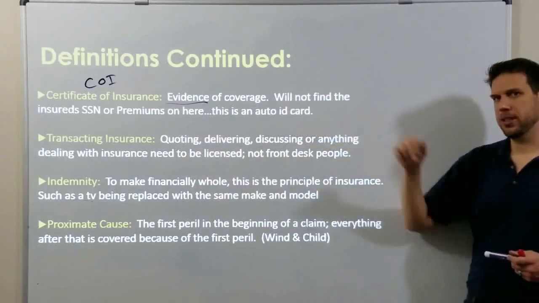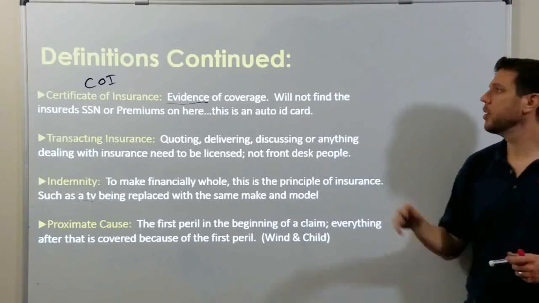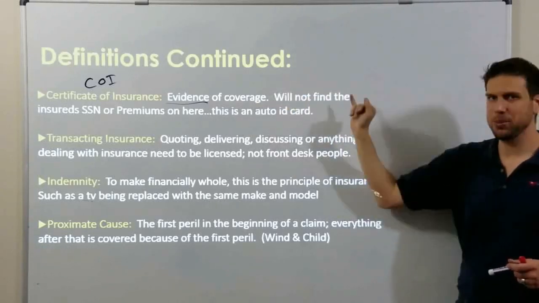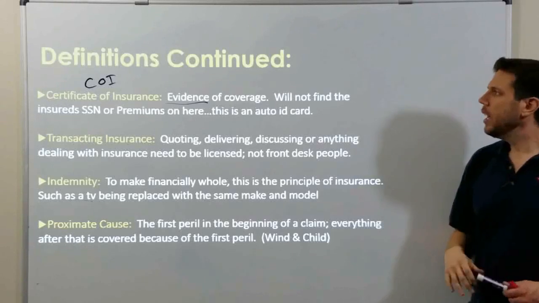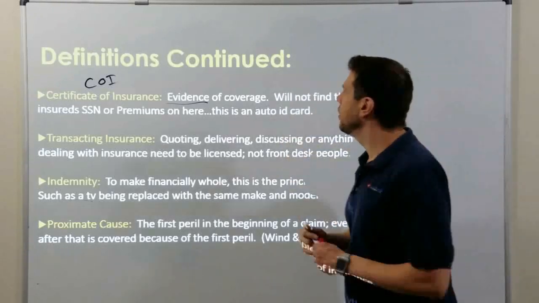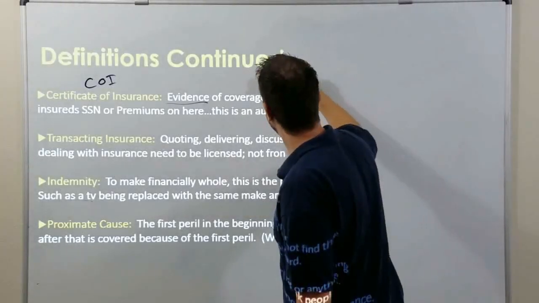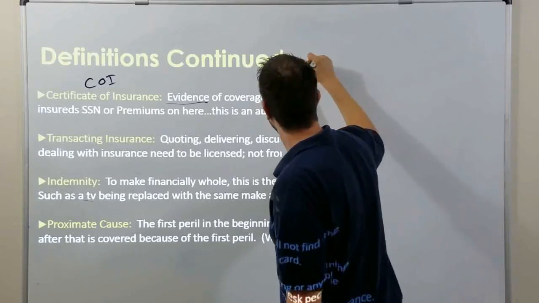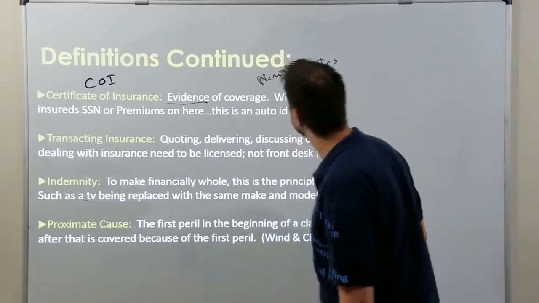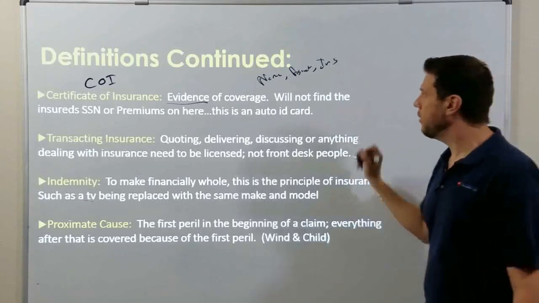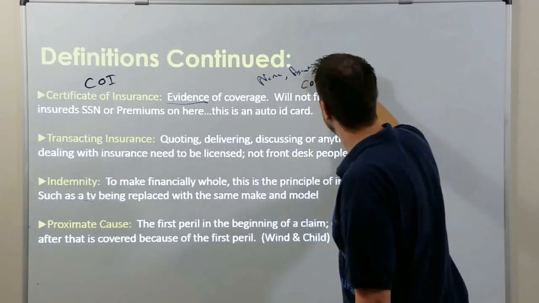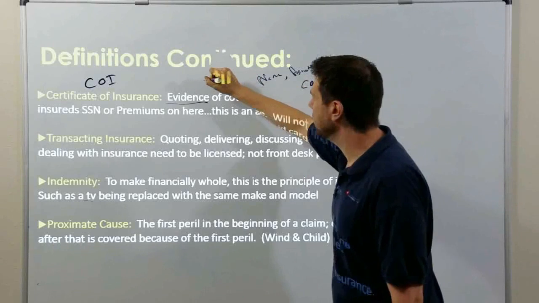This is your auto insurance card. So like if the cops pull you over, you give them your certificate of insurance, which is your auto ID card. It'll have your name. It'll have the insurance agent's name. It'll have the insurance company's address. It'll have your coverages. And it'll also have your policy period.